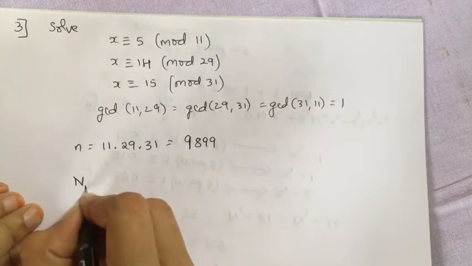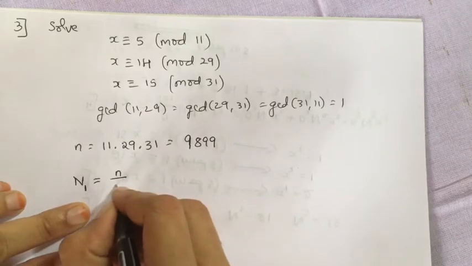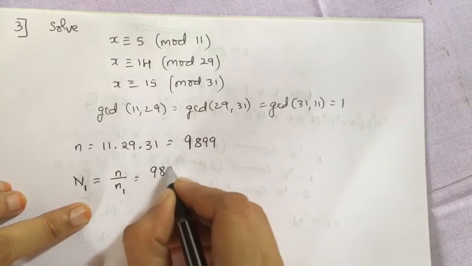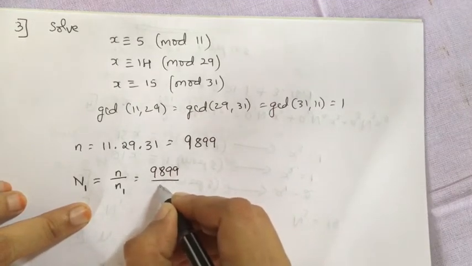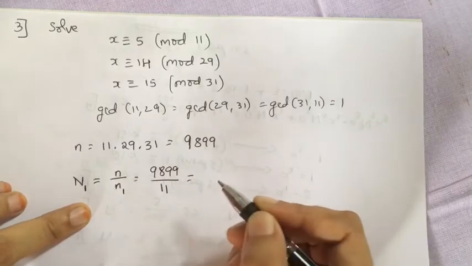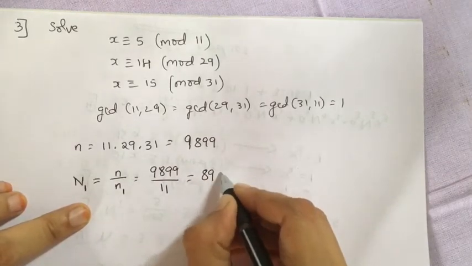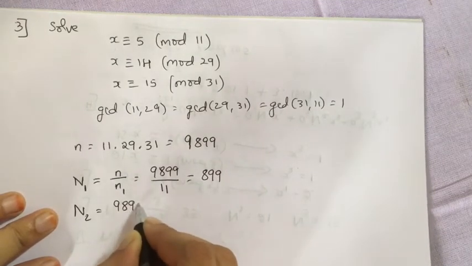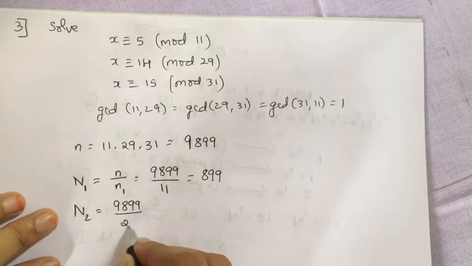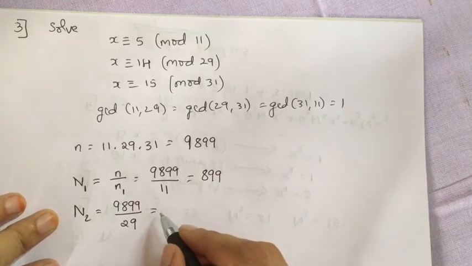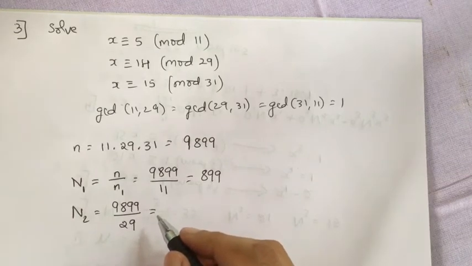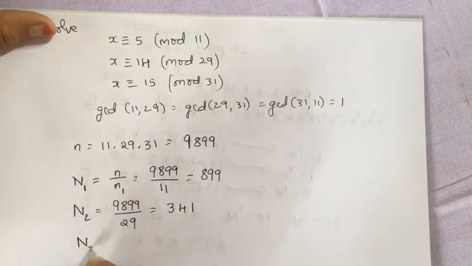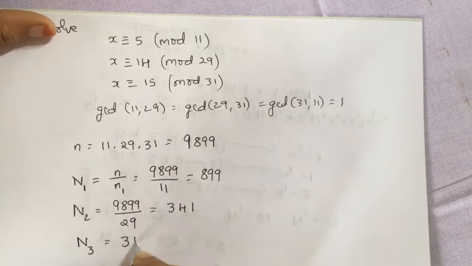Next thing is to calculate n1, that is n by n1. n1 is 11, so that is 899. Then 9889 divided by 29 comes out to be 341, and n3 is 319.